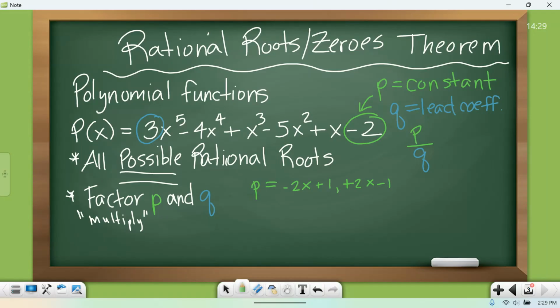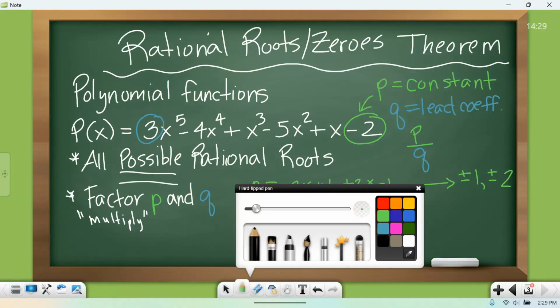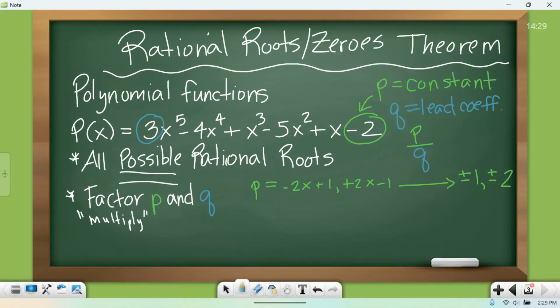So here's how we're going to write it. To simplify, we write plus or minus 1, plus or minus 2. Because what I'm doing is listing all possible factors. All the possible factors of P are 1, -1, 2, and -2. You're listing everything you used in those factor pairs. So now let's take a look at Q. Q is right here.